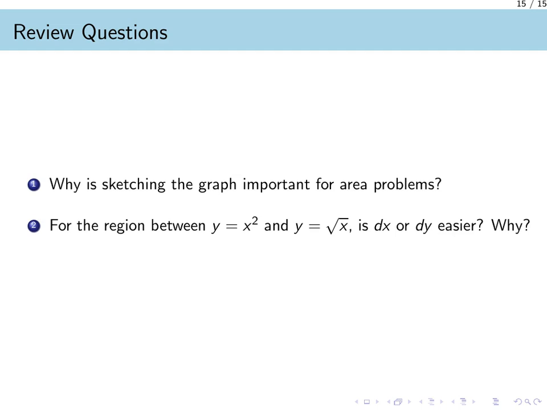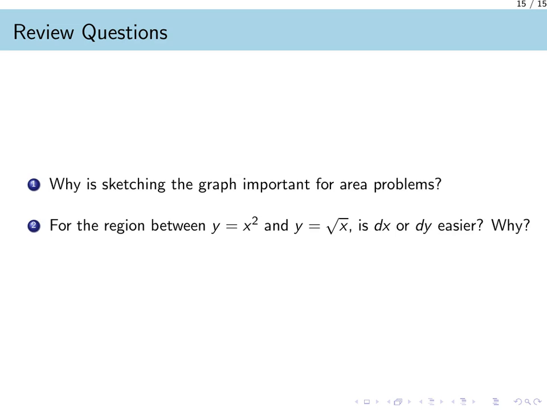The top boundary is consistently the square root of x, and the bottom boundary is always x squared. The integration runs from the intersection point at x equals 0 to the one at x equals 1, requiring only a single integral.